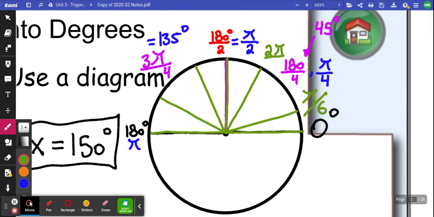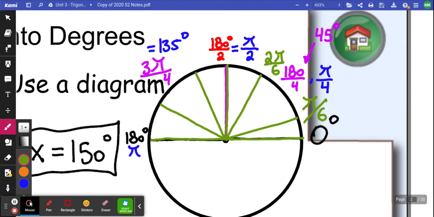So 2 pi over 6. That one would be pi over 3 if you simplified it, which we will in the future. If you went straight up, that would be 3 pi over 6, which is just pi over 2. This one over here would be 4 pi over 6. And then I get 5 pi over 6, which is what our question was talking about.